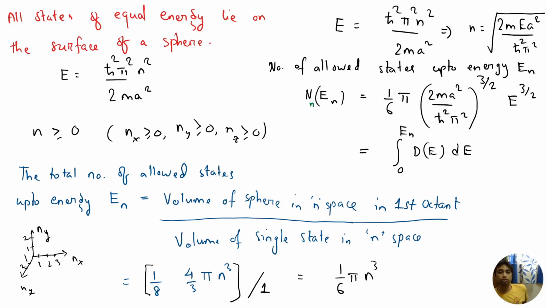So the number of electrons up to energy En is your total number of electrons, and it is per unit volume. So the number of electrons per unit volume goes as E to the power 3 by 2. So this E goes as n to the power 2 by 3. So that's what it is.